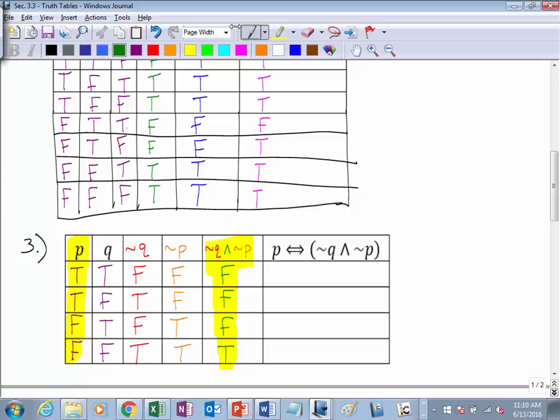So these are all false. Oh, they're both false. Okay, yeah. So it's F, F, T, F. All right. Any questions about that?